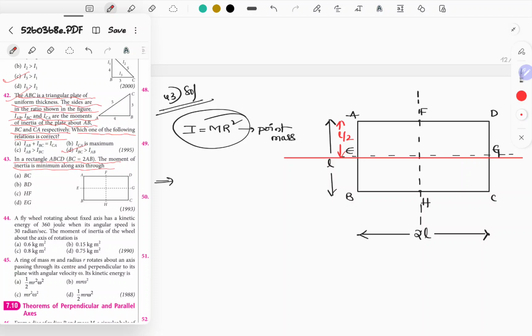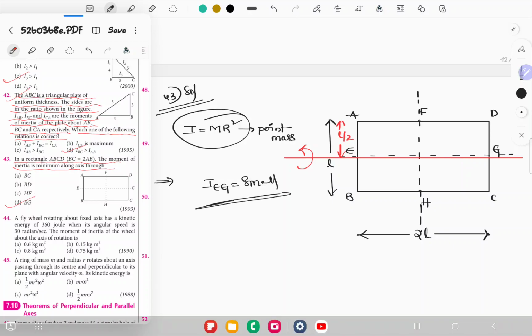For the remaining ones, the mass distribution from the axis of rotation is at a large distance, but this is the only axis through which mass distribution is at a small distance. So that's why moment of inertia about the axis EG is small. So which option is matching? Option D is the correct answer. Is it clear, guys? Yes, it is.